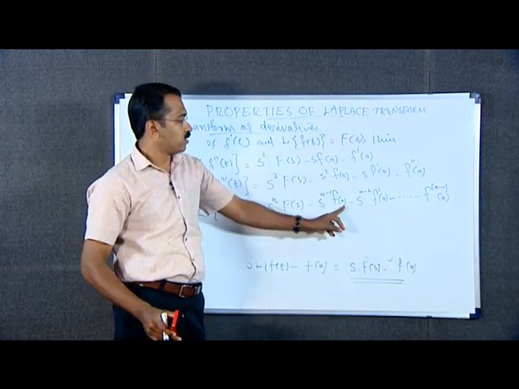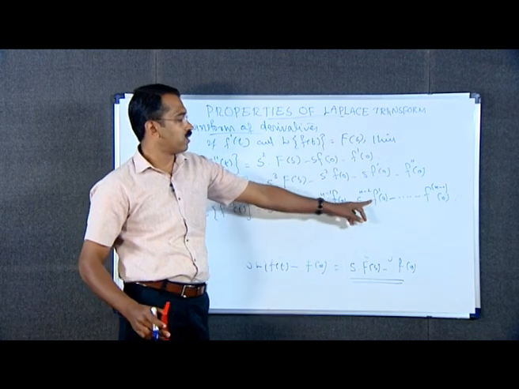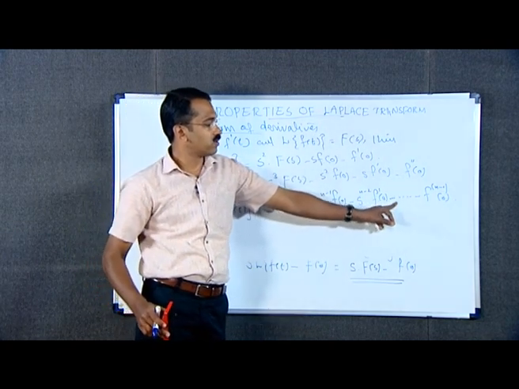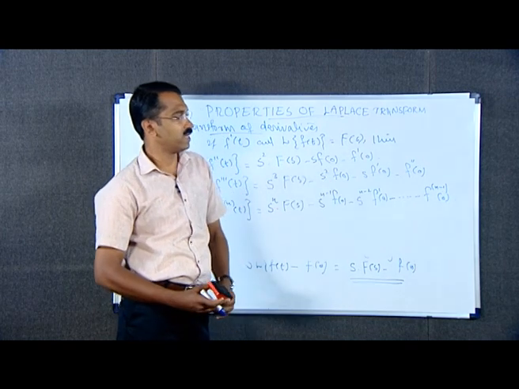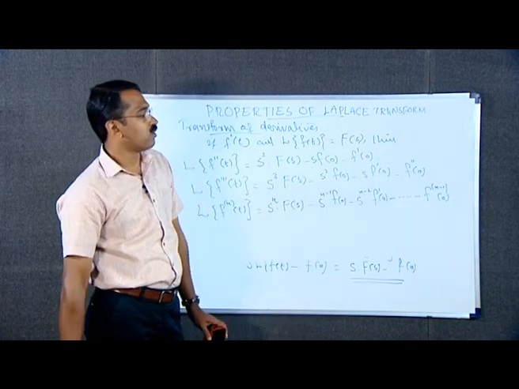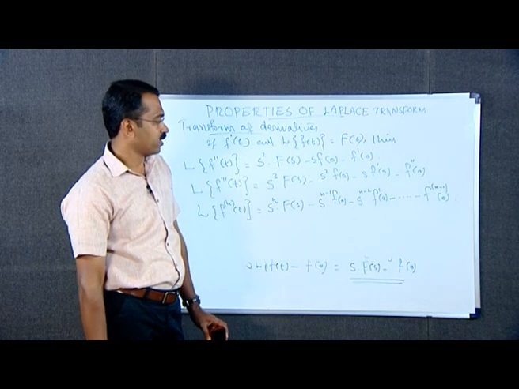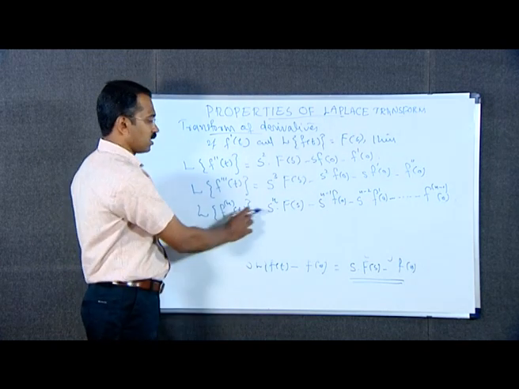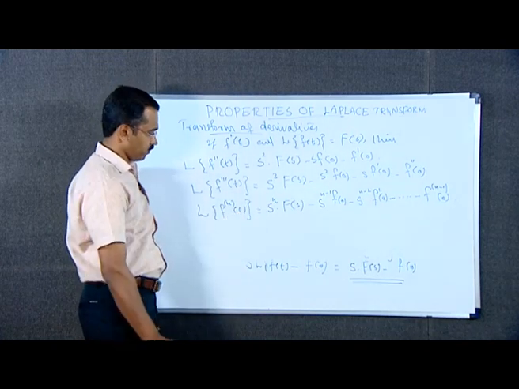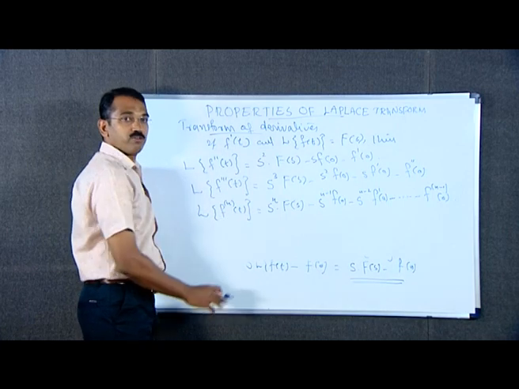Here f of 0, f dash of 0, etc., the n minus 1th derivative of f at 0 should exist, which is the condition for this expression. This is the transform of derivatives.